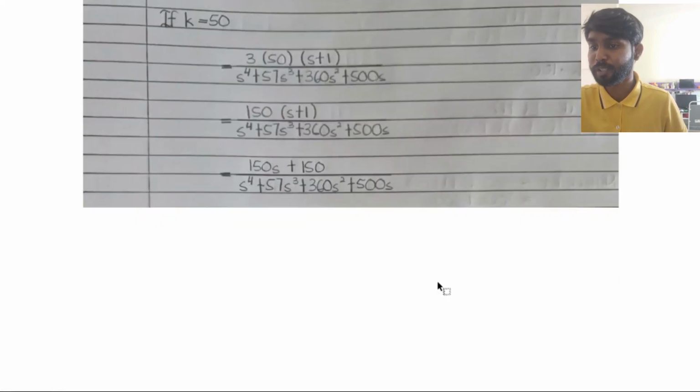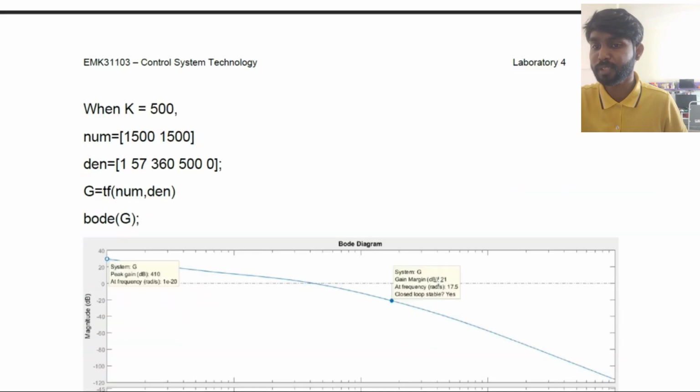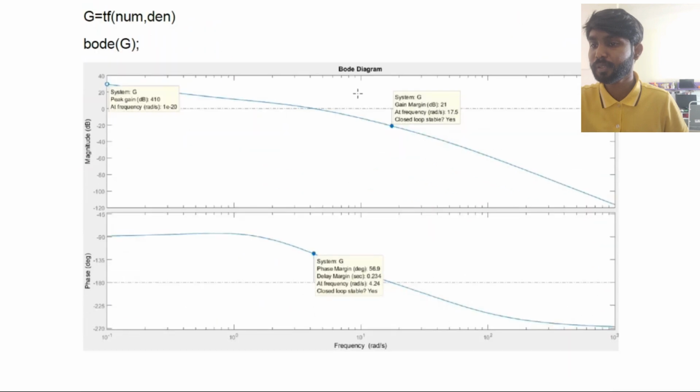So this is the calculation when K equals 50. When K equals 500, the numerator changes to 1500 and 1500. The denominator is 157, 360, 500, and 0, which remains the same. As for the Bode diagram, the system has a peak gain of 410 dB, a gain margin of 21 dB at a frequency of 17.5 radian per second. The closed loop is stable, and the phase margin is 56.9 degrees.